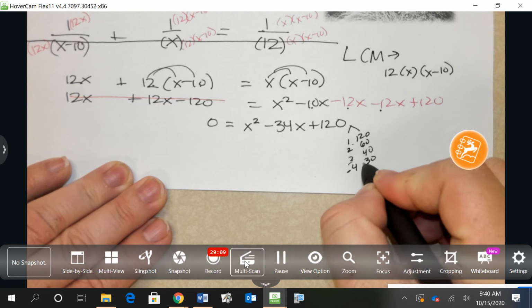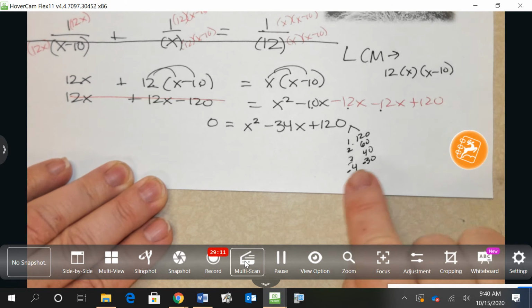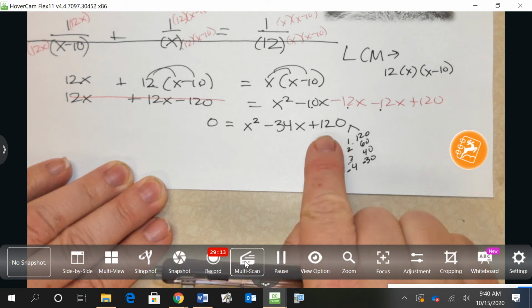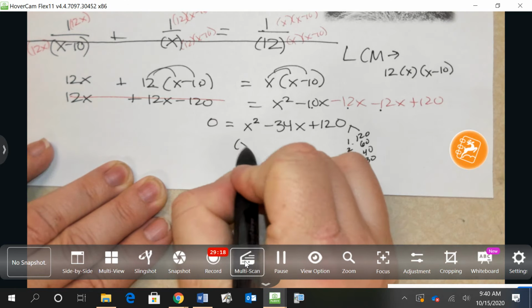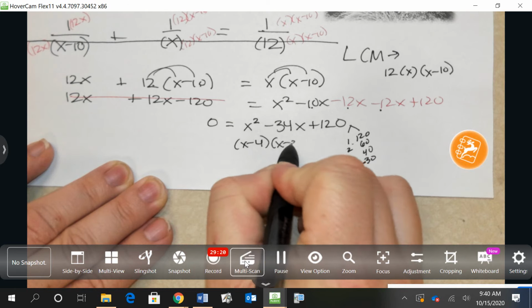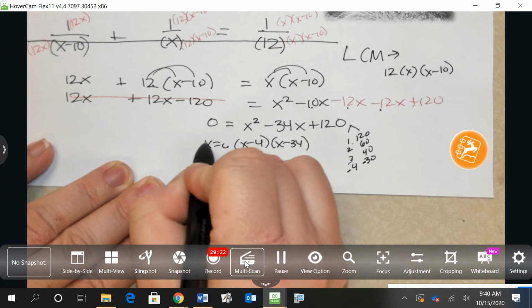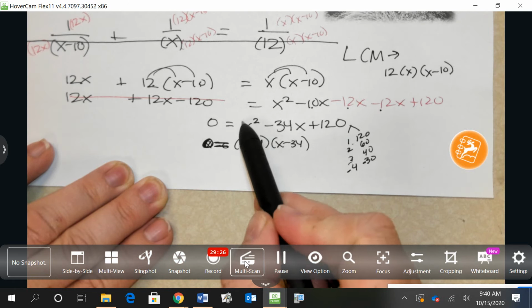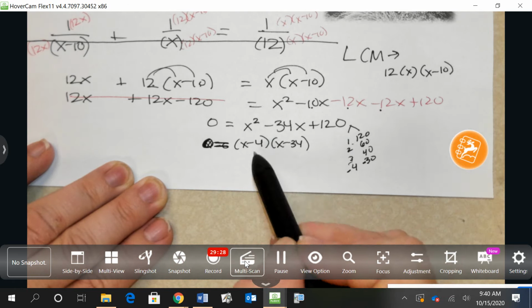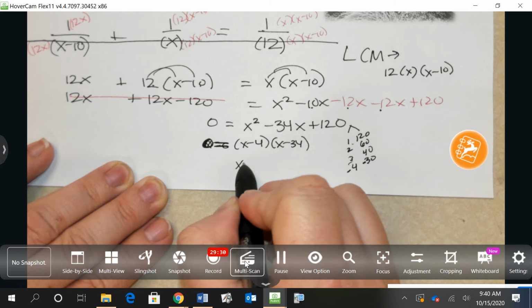But if I make them both negative, now they multiply still to equal positive 120, they combine to equal negative 34. So it's x minus 4 and x minus 30. Oops, sorry, that's a 0, an equal sign. The nice thing is the leading coefficient's 1, don't have to worry about bottoms up, and I can simply solve.